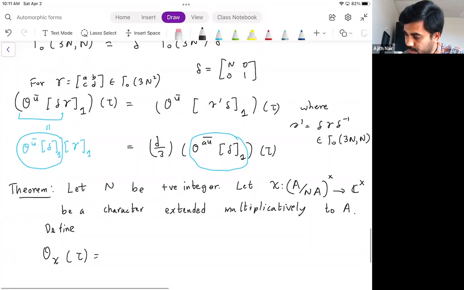Theta chi of tau is going to be 1 over 6, the sum over u bar in A mod Na, of chi of u times theta u bar of n tau comma n.